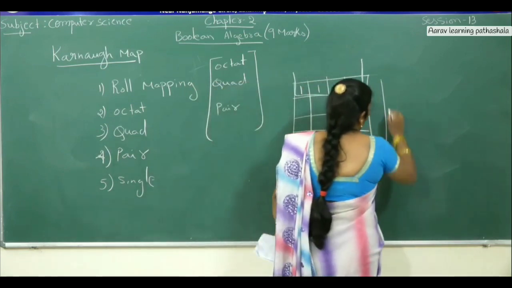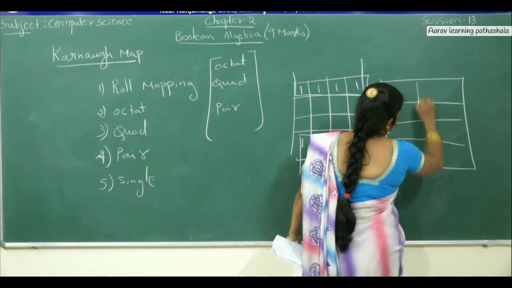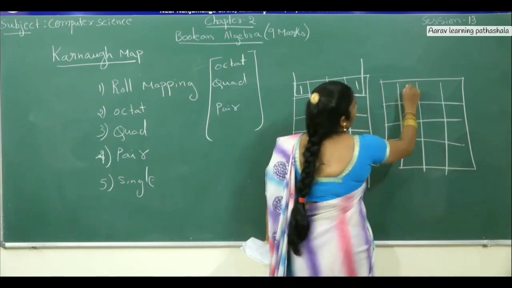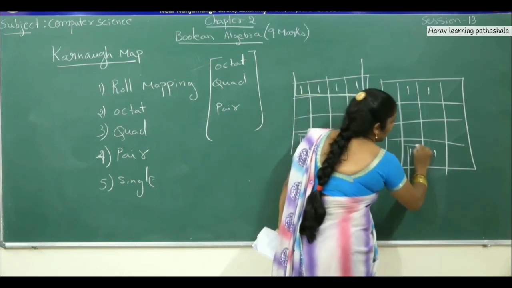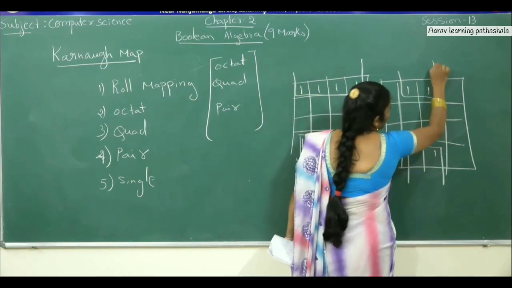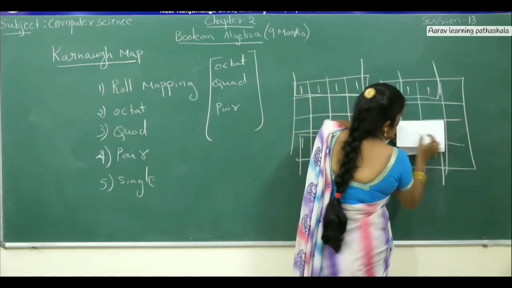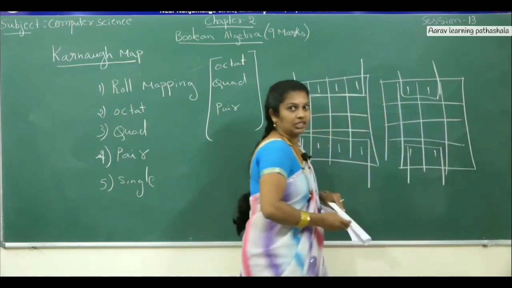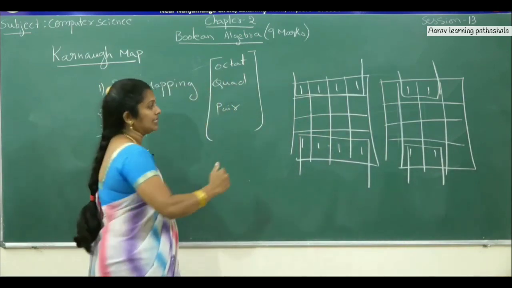Otherwise, here also I am having 1, here also I am having 1. Then I can combine these two 1s, because consider this is your K-map. If I combine this, only the border 1 is matching. In roll map, first you have to check for octal. Octal means 8.